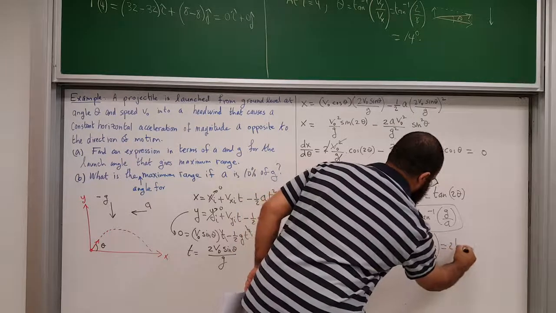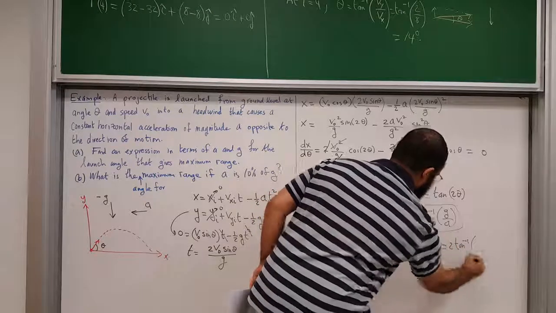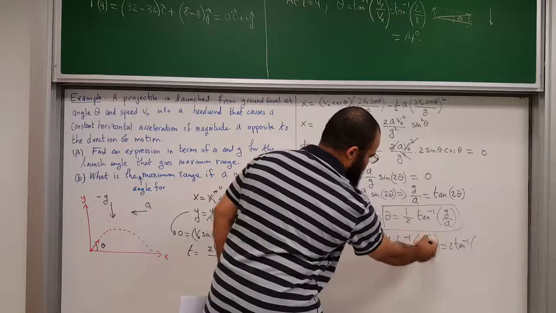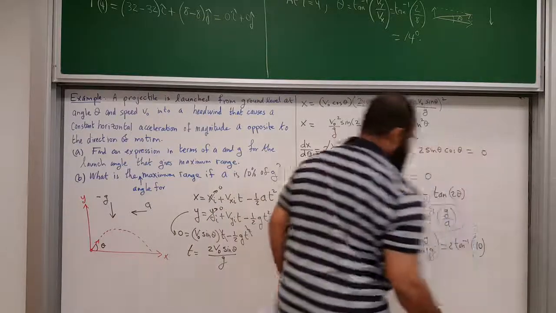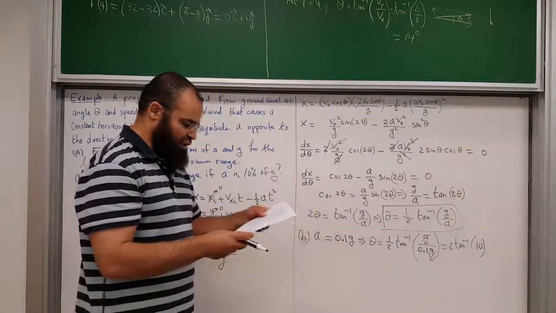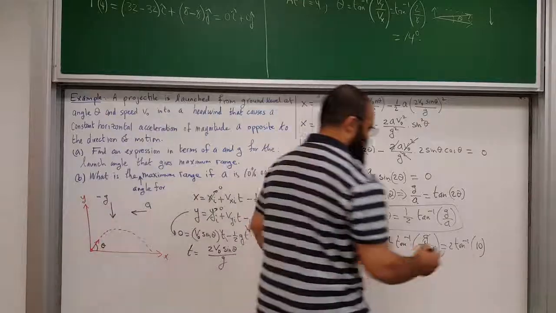So you have 1/2 times tangent inverse of, this will be 10. 1 over 0.1 is 10. So tangent inverse of 10 times 1/2 would be about 42.